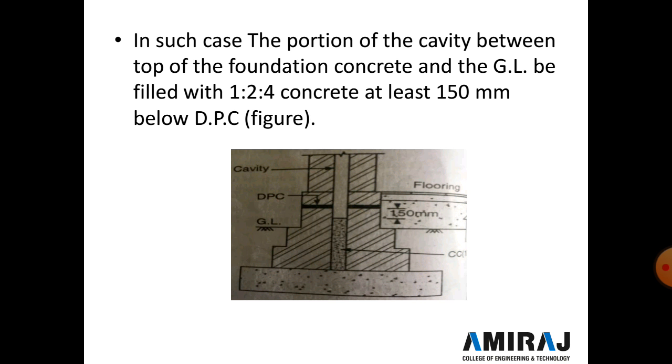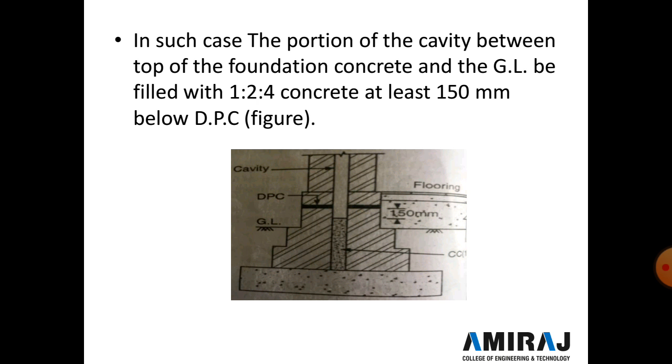Now in a second case, see this figure. In such a case, the portion of the cavity between the top of the foundation concrete and ground level is filled with a 1:2:4 concrete, at least 150 mm below the DPC.